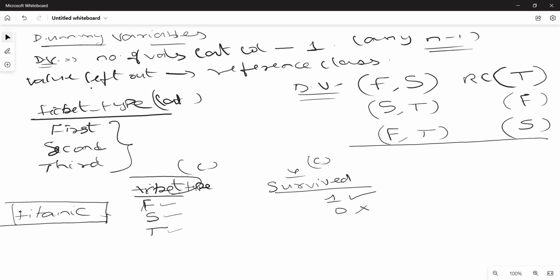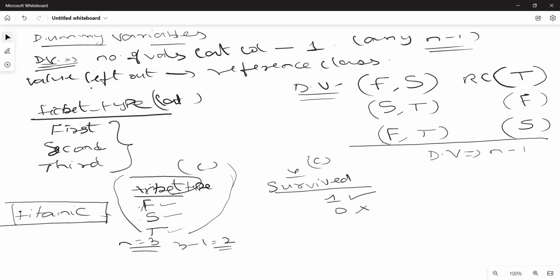Now, when I have categorical columns, and I have to convert my feature into a number, I am going to use this concept called dummy variables. The formula for dummy variables is the number of values in the feature minus 1. So here ticket type is the feature. The number of values are first class, second class, third class, so N is 3. So the number of dummy variables is N minus 1, which is 3 minus 1, which equals 2.